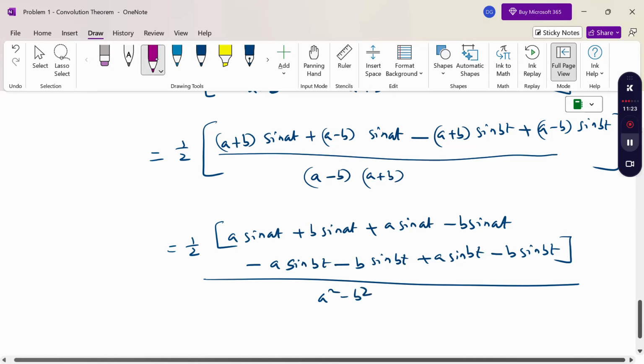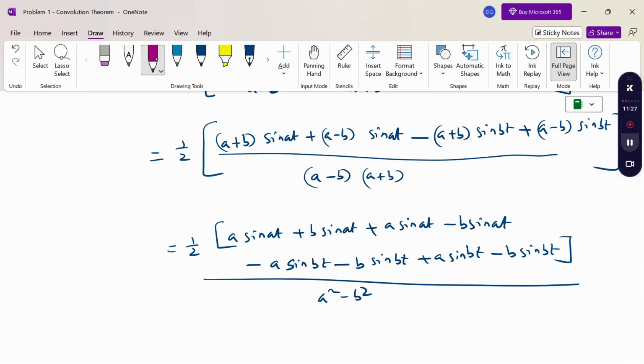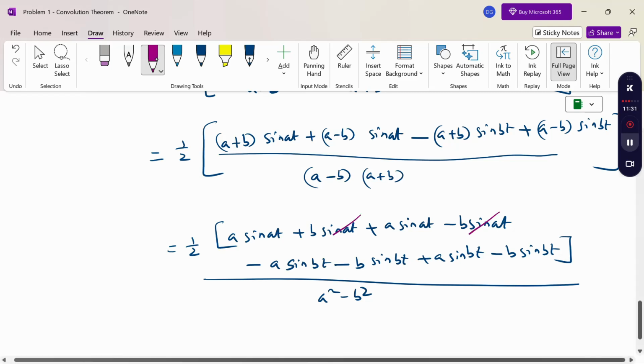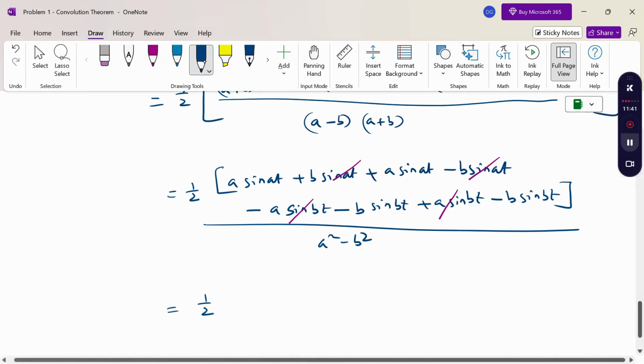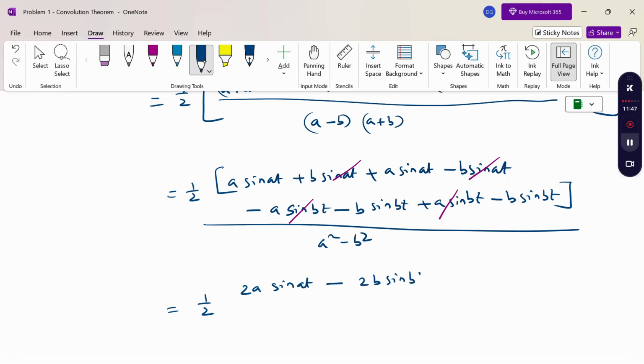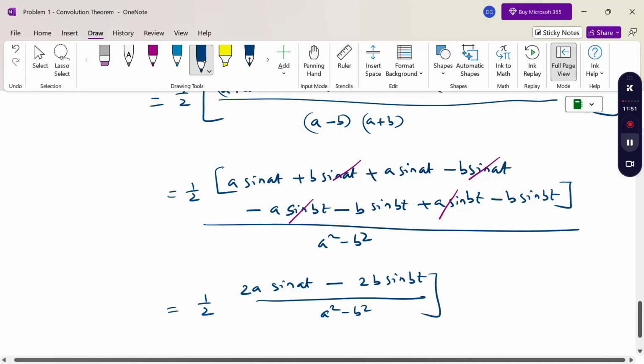Now any common term, see a sin at, a sin at, here b sin at cancels, and minus a sin bt plus a sin bt cancels. Therefore 1 by 2 into 2a sin at minus 2b sin bt by a square minus b square.